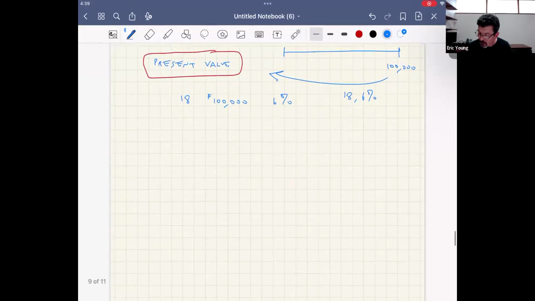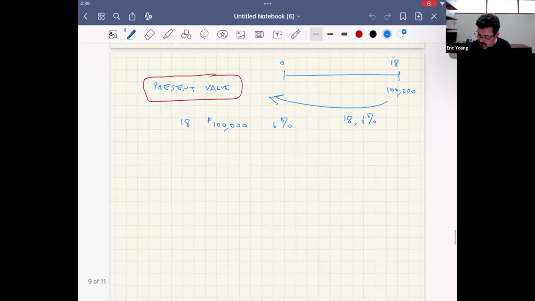Or another way to think about it and to visualize it would be this. You could say, how much money do I have to set aside today to have $100,000 in 18 years if I can grow at 6%? Okay. Sounds kind of rough, but once we start getting our intuition and getting our awareness and getting fluent with these tools, we can get through this no problem.